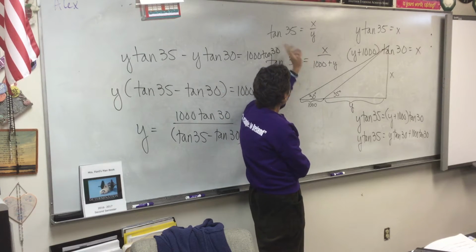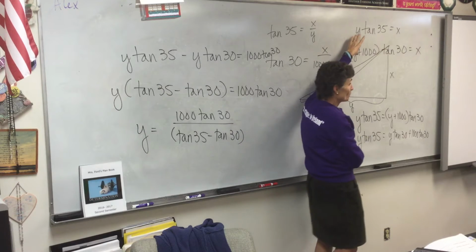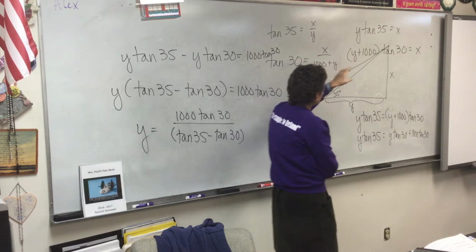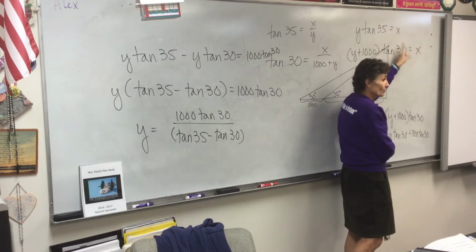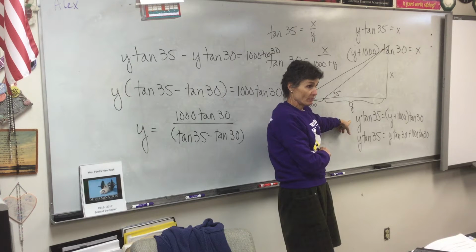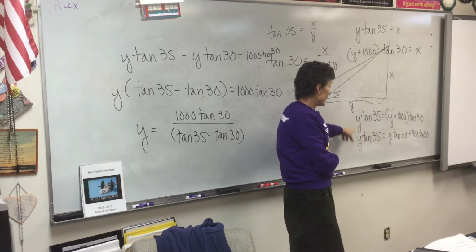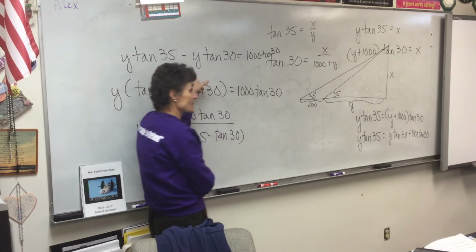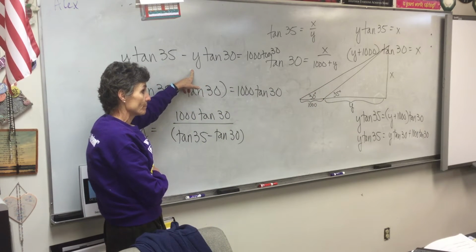So we have these two equations. I got rid of the fraction in both, so that left me with this. And when I got rid of the fraction in both, the equations were both equal to x, so I set them equal to each other. Then I did the distributive property and put both y's on the same side of the equation.